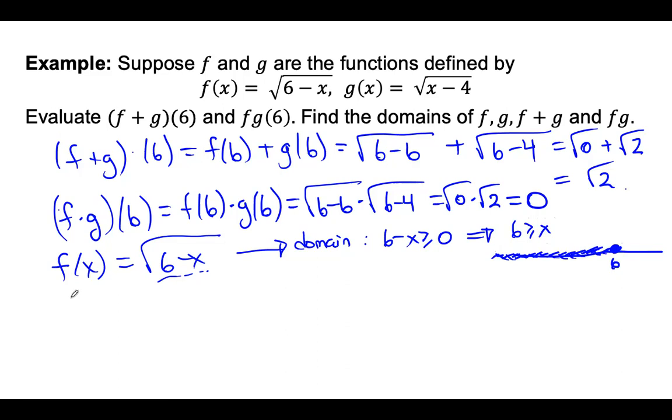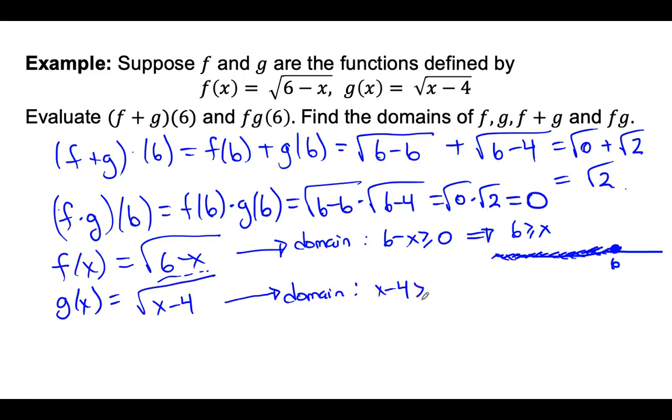Okay. What about our G of X? So G of X is the square root of X minus 4. So this will help us get our domain. So our X minus our 4 also has to be greater than or equal to 0, because we cannot take the square root of a negative number.